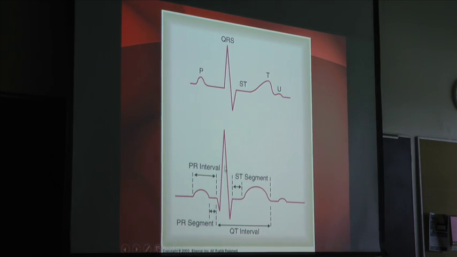So the PR interval is the time it takes for an impulse to travel from the SA node to the ventricles. I'll repeat it. It's the time it takes for an impulse to travel from the SA node to the ventricles.